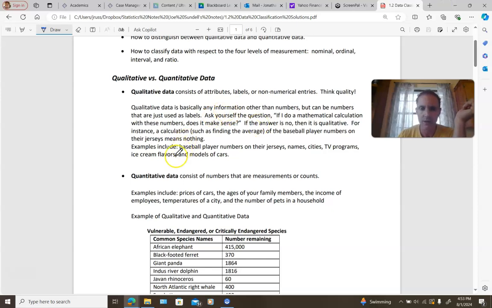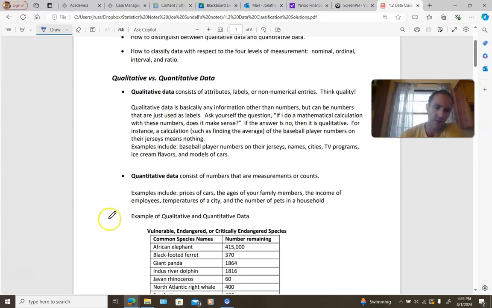All right, and then we'll contrast this with quantitative data. With quantitative data, you want to think about the word quantity. Quantity refers to a number. So quantitative data is probably what you typically think of when you think about data. It consists of data that's either measurements or counts.